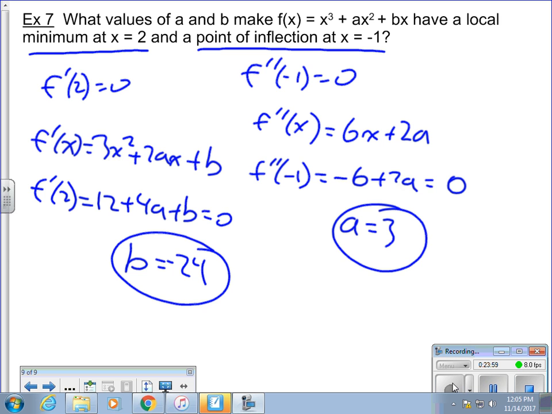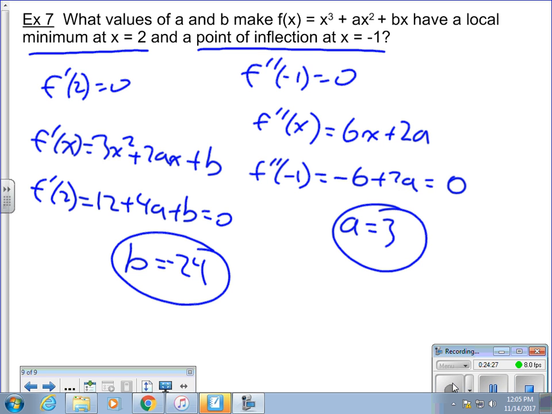That's a polynomial. It will never be undefined. So the only places I'm going to find a maximum or a minimum are at my critical points where the derivative is equal to 0. The only place I find the point of inflection is where the second derivative is equal to 0. And for polynomials, if you get a 0 there, you're almost guaranteed to have a max or min. But those are the only possibilities.